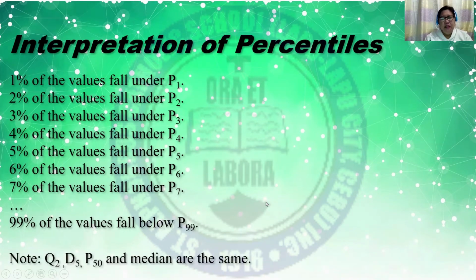Take note, quartile 2, decile 5, percentile 50 or the 50th percentile, and the median are the same.